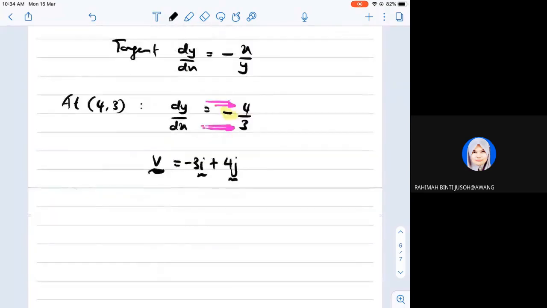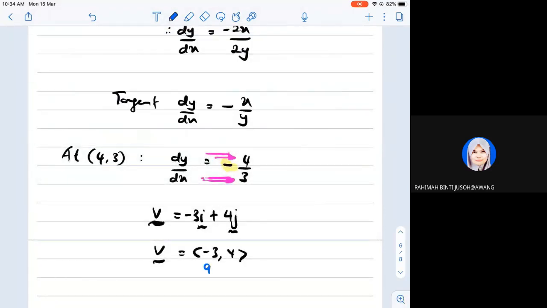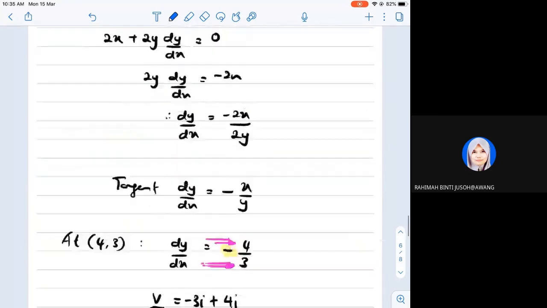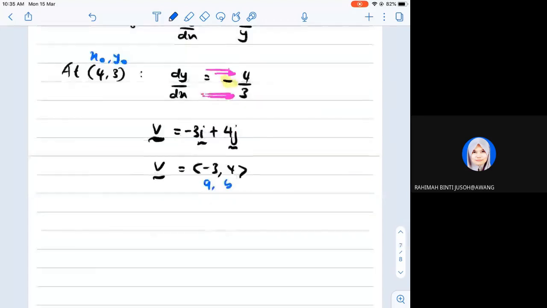So our parallel vector should be negative 3 and 4 lah, of course. So we will have negative 3 and 4. So now this is our A and B. Ni kita punya A dan B. Okay, and then at 4, 3, of course this is our x naught and y naught.